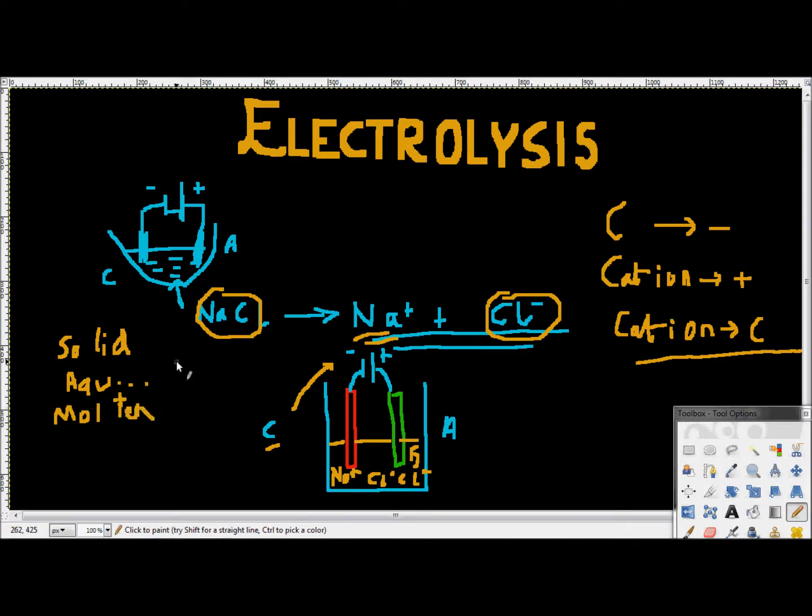Okay, so what happens is that if your electrolyte was solid NaCl, then none of this would have happened. This process would not have taken place. And that's simply because in the solid state there are no free ions which are there to conduct this electricity coming through.